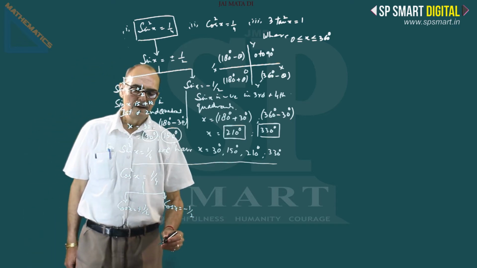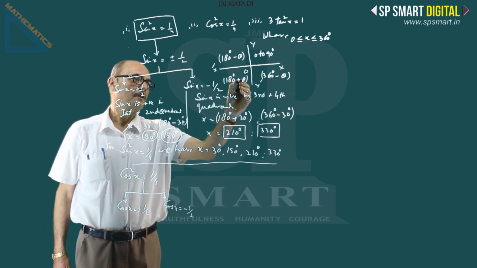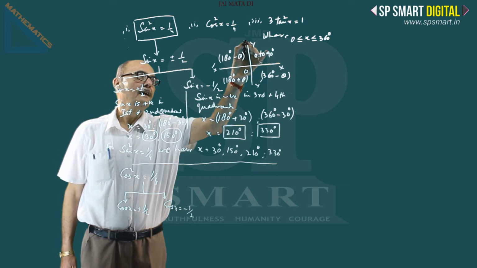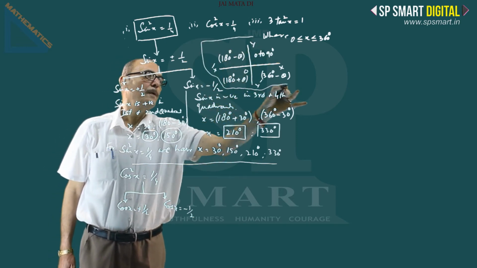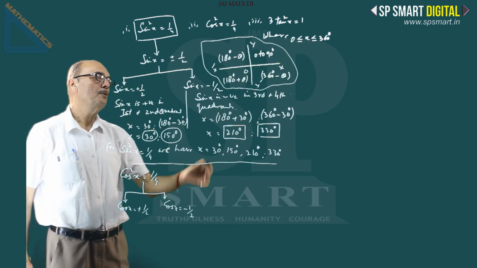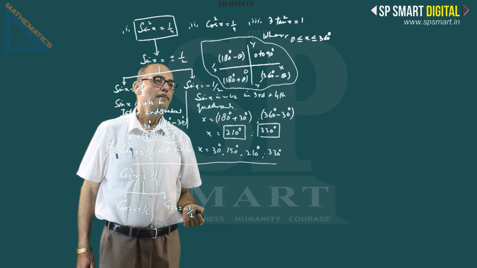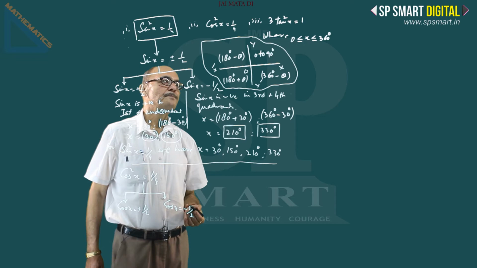Here again we take this chart. You will take it as the horoscope of trigonometry, and this will be used in many chapters in class 11 and 12.